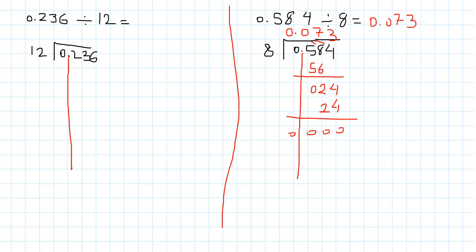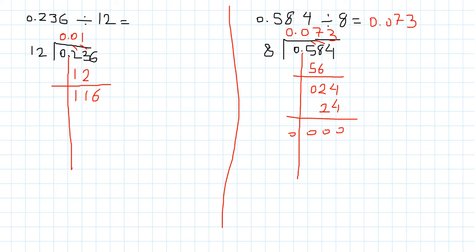Now separate 2, because I want to ask the other side of the wall, so easily I put a decimal here and ask how many 12 are there in 2? Nothing. Now 23, how many 12 are there in 23? Only 1. 1 times 12 is 12 and remained 11, and take down 6.